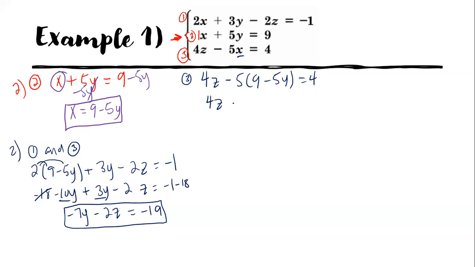So I get 4z minus, and we're distributing, 45 plus 25y equals 4. I'm going to combine my like terms, which is I'm going to be adding 45 to the other side. I'm just going to rewrite this so that it's still y then z in alphabetical order. So 25y plus 4z equals 49.